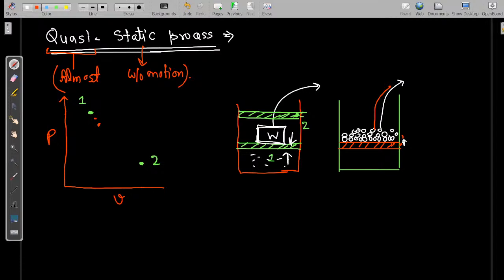Similarly, if I am removing slowly all the stones, I will get a number of intermediate points in between state 1 and state 2. Through these intermediate points I can define a path. And this path or this process is called quasi static process.